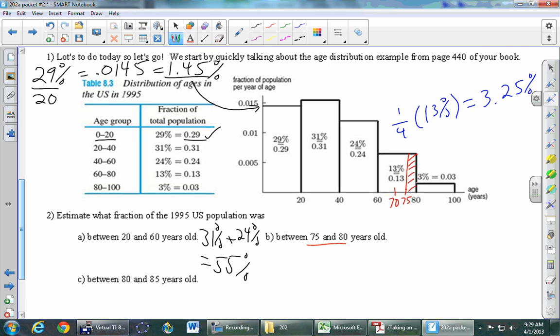We want 5 of them. So you'd get the same answer by dividing by 20, just like we did with the 29, and then times 5. So our best guess at this point is that 3.25% of the US population is between 75 and 80.